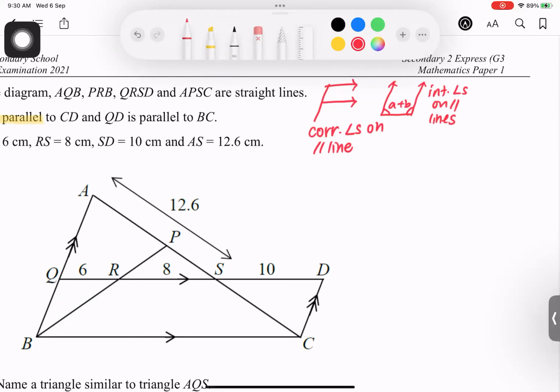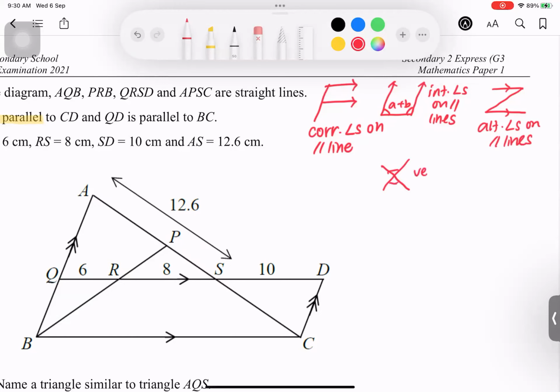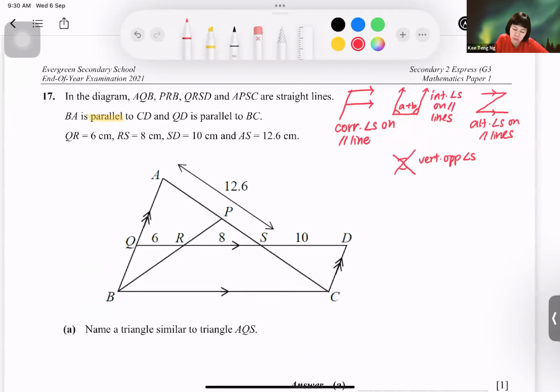Letter Z. Letter Z, this is alternate angles. And one more, no parallel line, but letter X: vertically opposite angles. Of course, there are other types of angles that we may also need to use, but these are just the major ones.